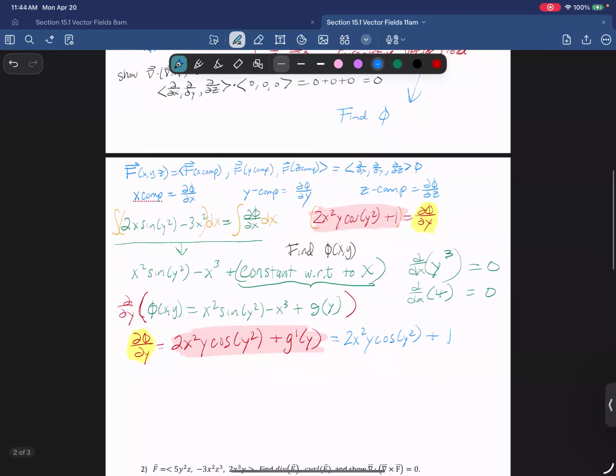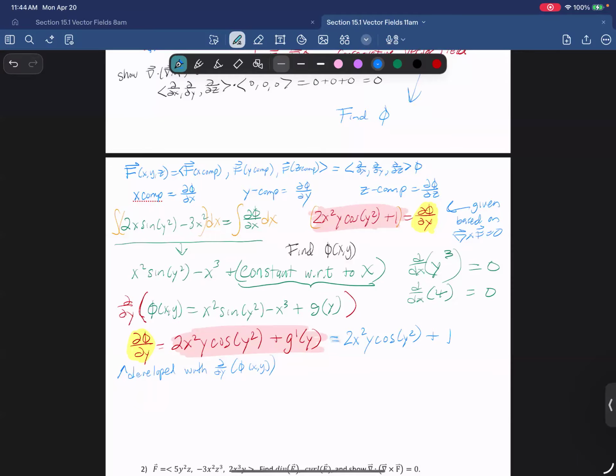Because the d phi dy was given based on the conservative vector field, curl of f equaling 0. And this one was developed taking the derivative with respect to y, that we calculated.